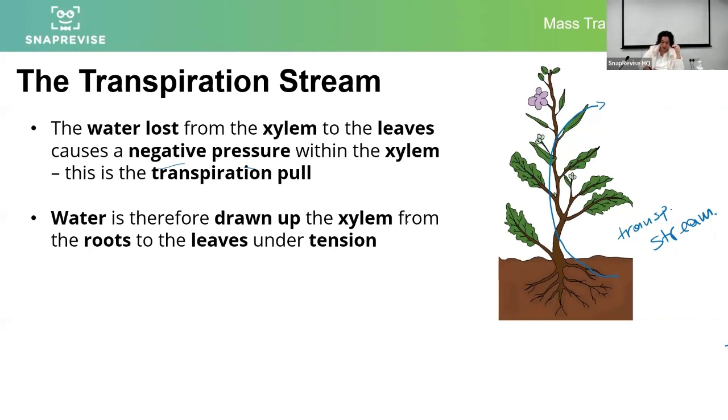Therefore it's drawn up the xylem from the roots to the leaves under tension. Keep that word tension because towards the end of the session we're going to see what the cohesion tension theory is and how it explains the transpiration stream. So again, don't worry too much about the negative pressure.